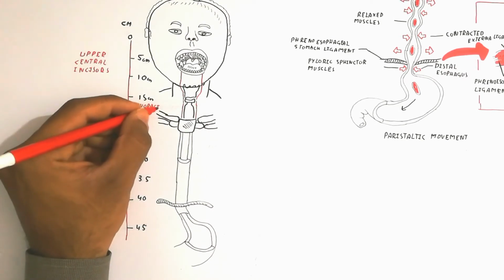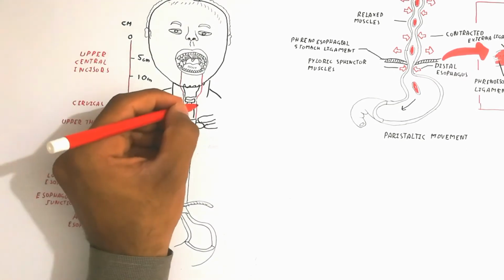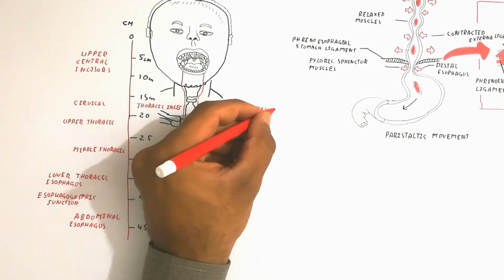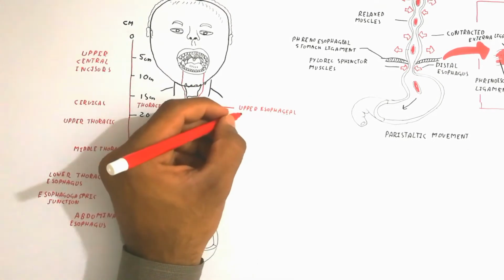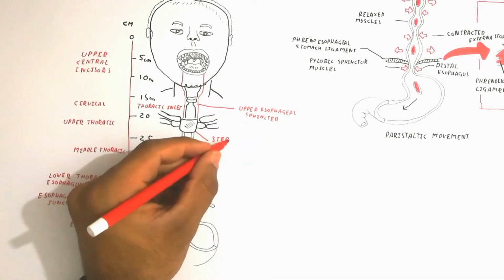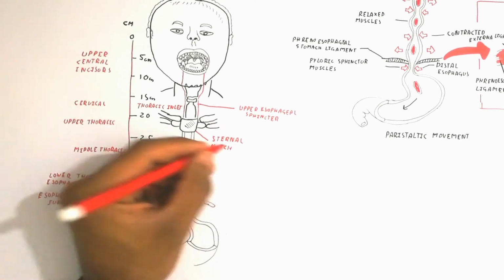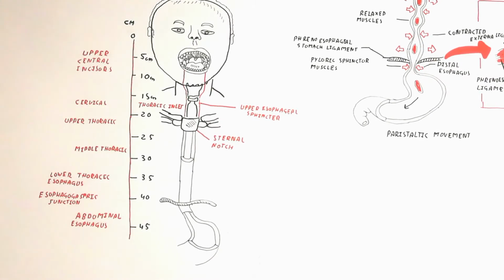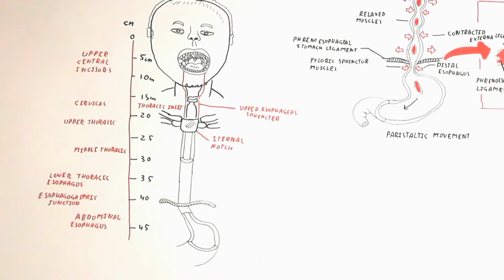The upper esophageal sphincter is present here, and here is the thoracic inlet and the suprasternal notch. That is the basic region. Below is the esophageal sphincter junction, and here is the diaphragm, which begins at 40 to 45 centimeters.